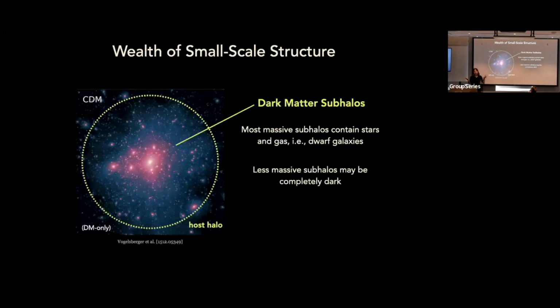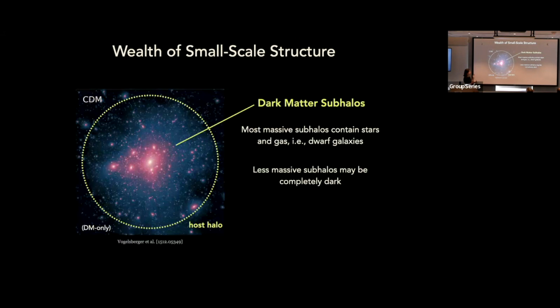Taking all of those ingredients and putting them together, and then putting on your dark matter goggles so you can see just the dark matter distribution in the universe, you see something like this. This is from a dark matter only CDM simulation by Mark Vogelsberger. This is a Milky Way sized halo. Here's the center, and all the bright spots are the dark matter subhalos.